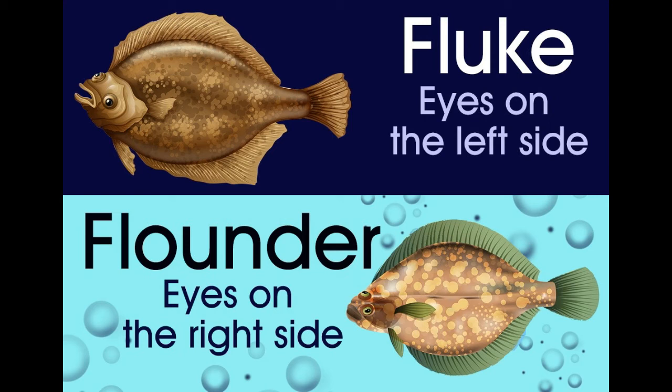Scientific name: Paralichthys dentatus. Habitat: Western Atlantic Ocean, Western North Atlantic Ocean. Lifespan: average of 20 years, average of 12 to 14 years. Eye position: on left side of the body, on the right side of the body.